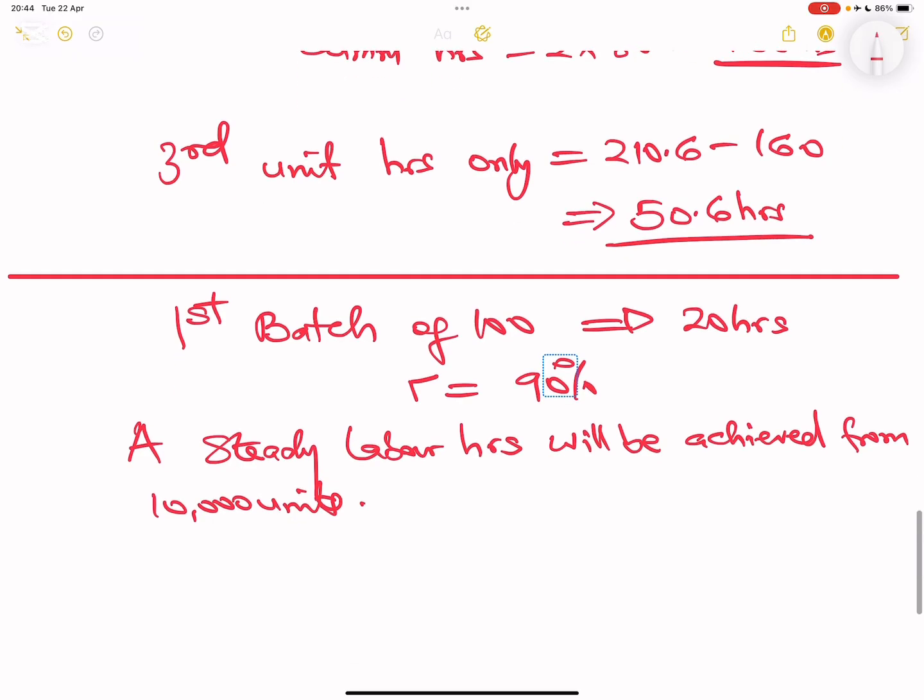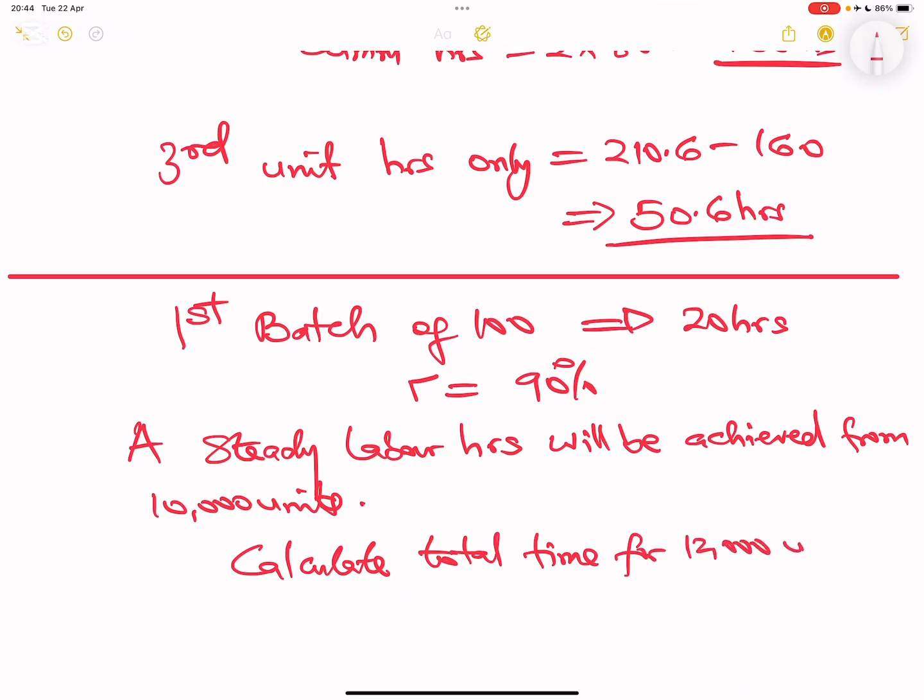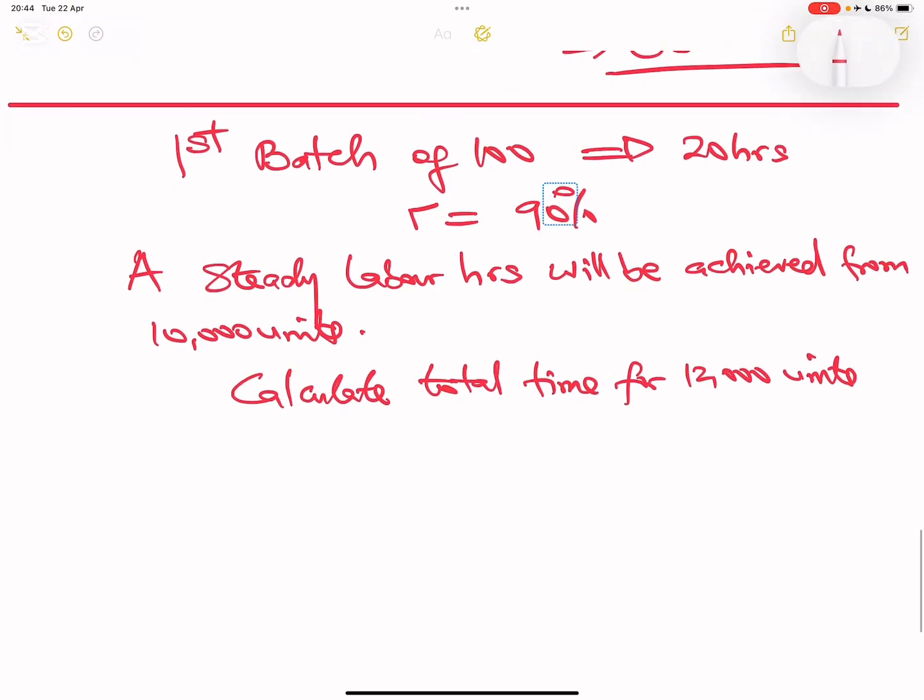Now I want to calculate total time for 12,000 units. You see what I've done here? Now I've introduced the steady period into it, whereby the remaining 2,000 units, remember this is 10,000 units where steady rate is achieved.